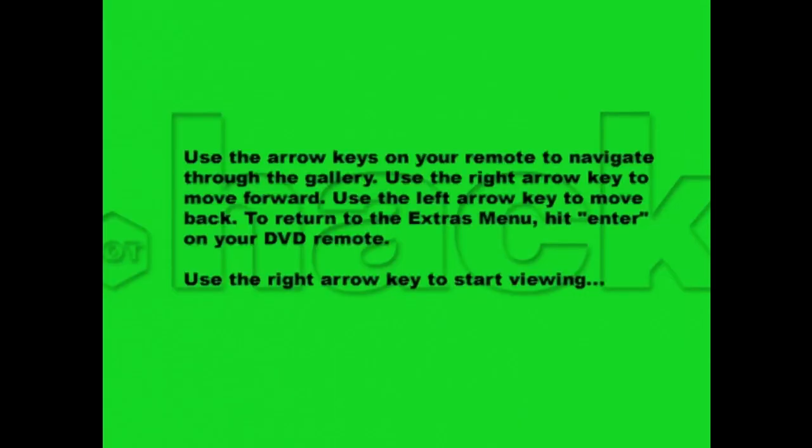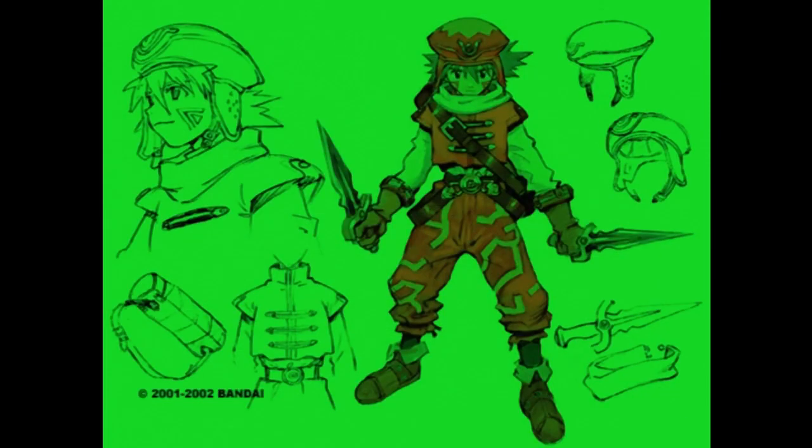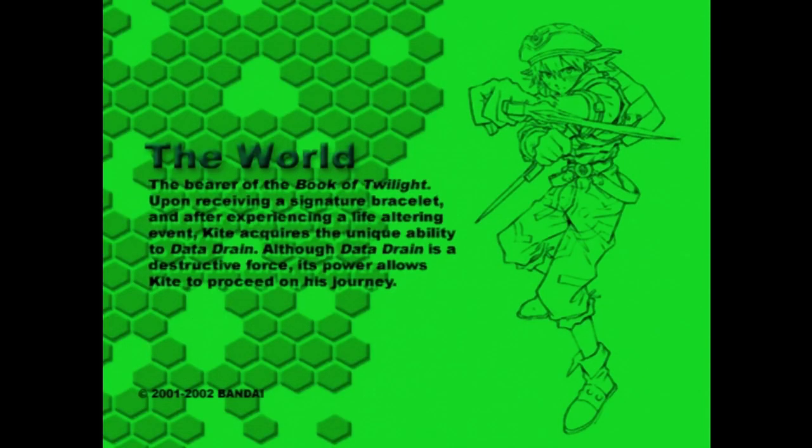So the first thing I want to look at is character art gallery. So use the arrow keys on your remote to navigate. Wow, this is old school. So here's Kite. We have a picture of him. We have some character art that we can see some of within the game as well. But we also get some of the backstory. So the world, the bearer of the Book of Twilight, upon receiving a signature bracelet and after experiencing a life-altering event, Kite acquires the unique ability to data drain.